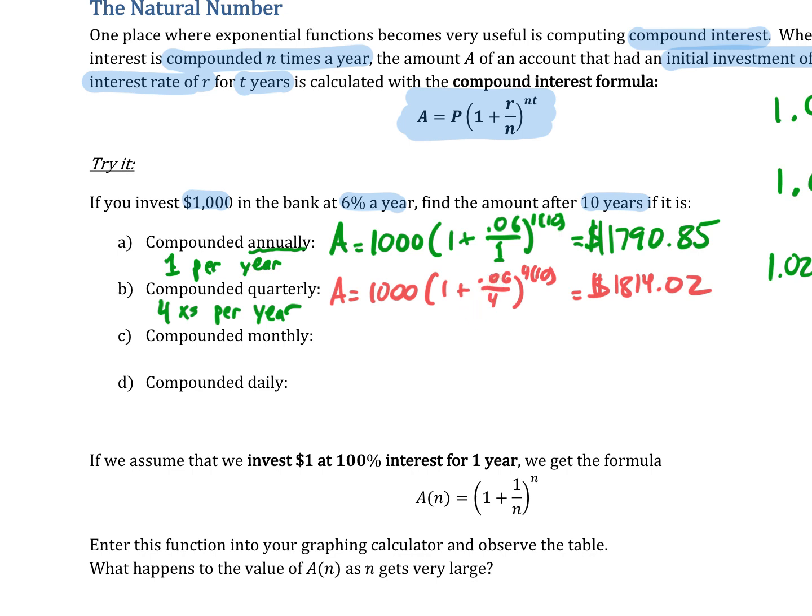All right, so 4 times a year, you get 1/4 of 6%. That's 1.5%. So every few months, they'll give you 1.5%, and then they'll give you the interest on that and then interest on that. But what happens is you're getting interest on interest 4 times a year. So it comes out a little bit higher.